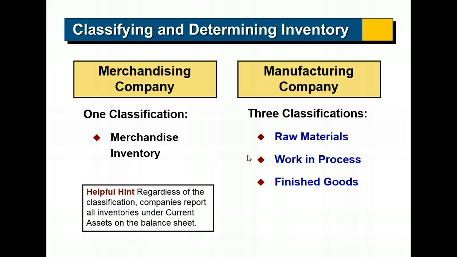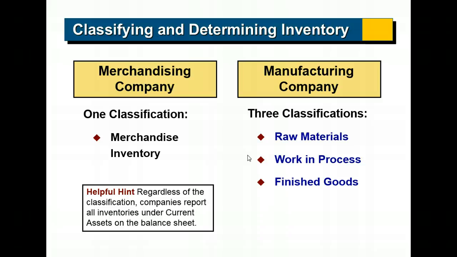Lastly, once the inventory is totally completed, it's ready to be sold, so that section goes into finished goods. A little more complicated than a merchandising company, but truly it's not difficult. Instead of having one section called merchandise inventory, we've got 3 different sections.